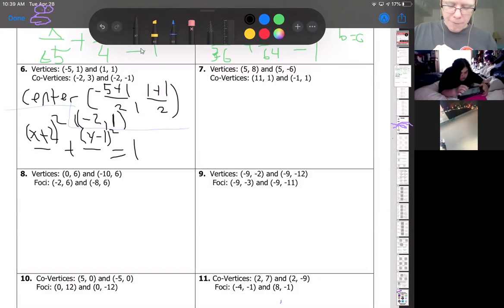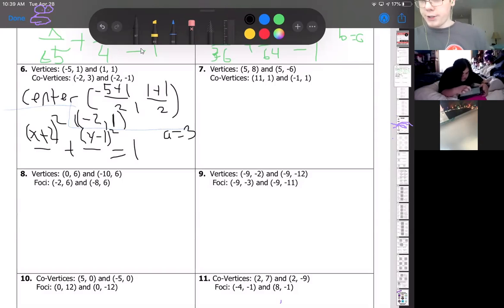So if you look at my vertices, for example, -5, 1, -2, 1, well, how far is -5, 1 from -2, 1? Well, it would be 3 away. Like your x value would be 3 away from the original. So my a would be 3.